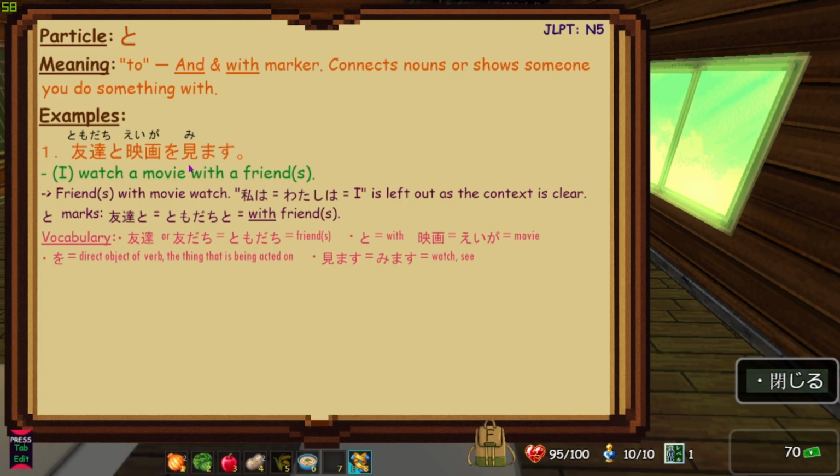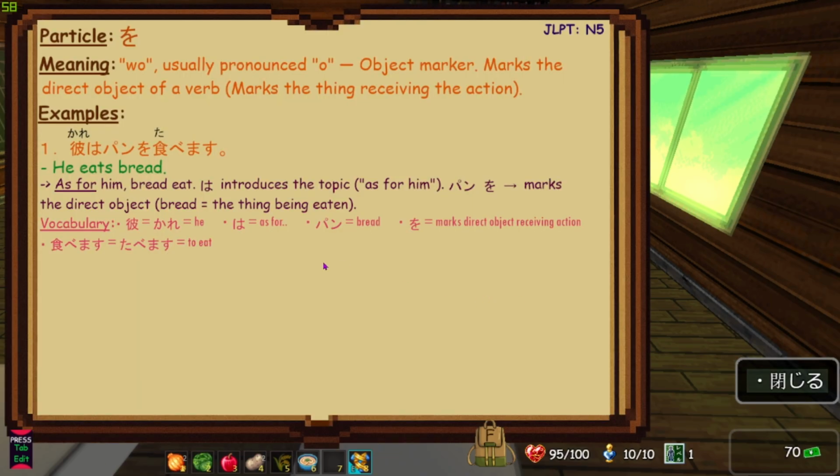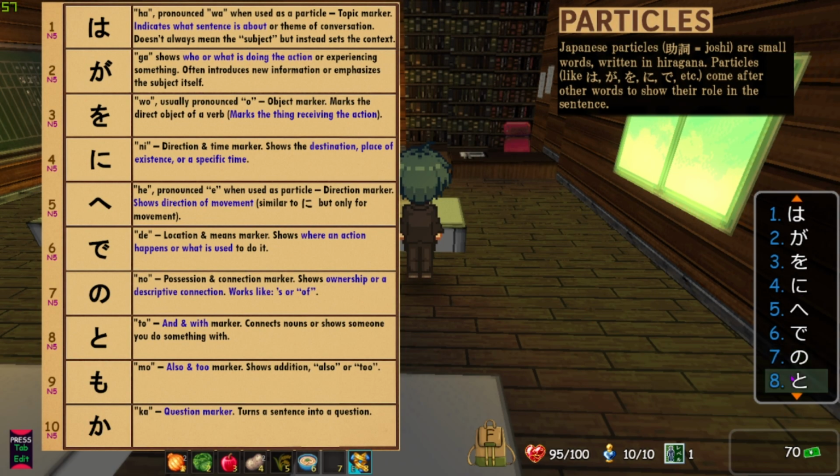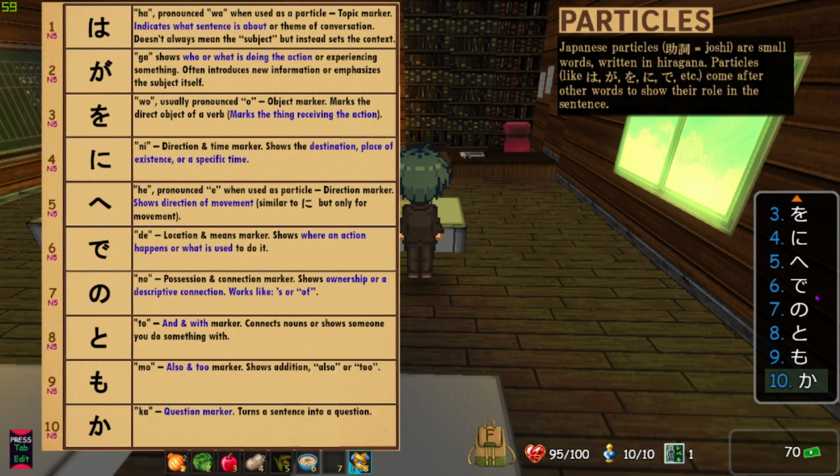O gives you an as before, as we said here. Marks direct object receiving the action. Good. And that is exactly it, eiga is the movie object which is gonna receive the verb, the action, mimasu. Good. So you can go back and forth over here.